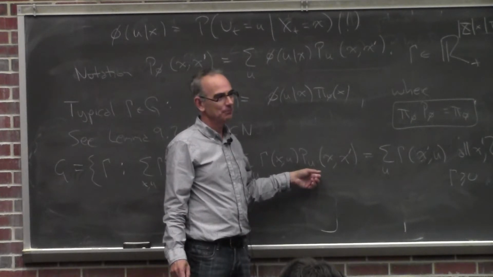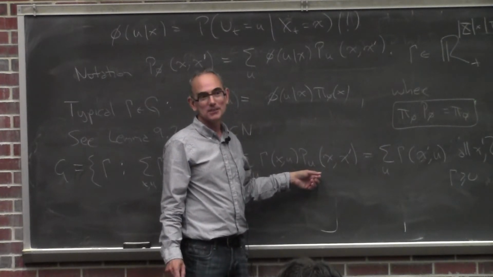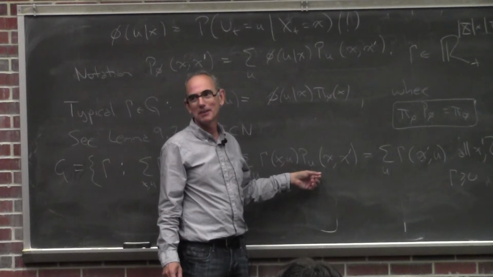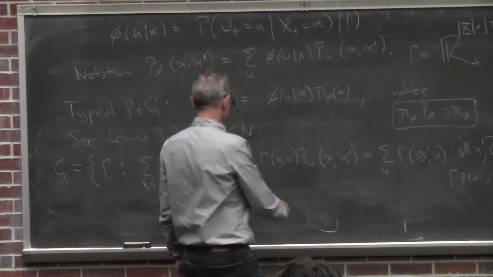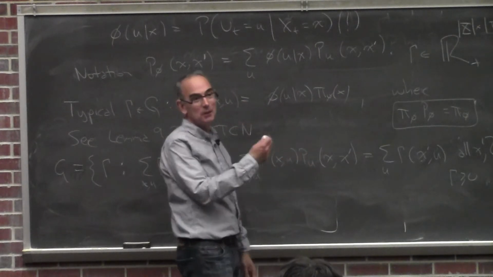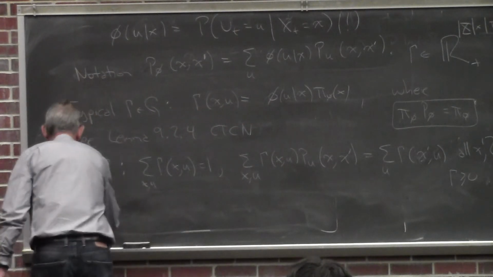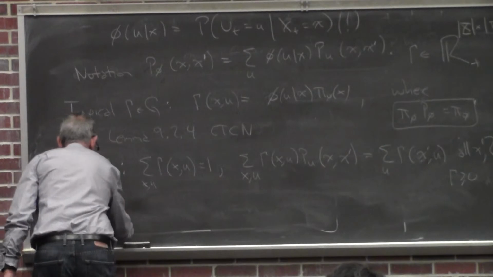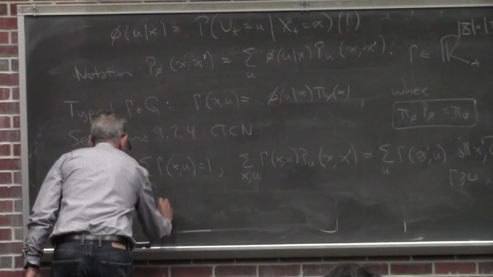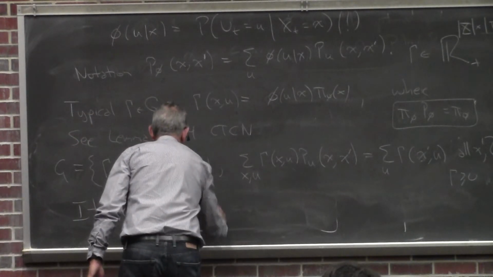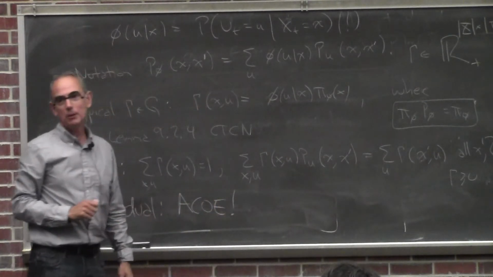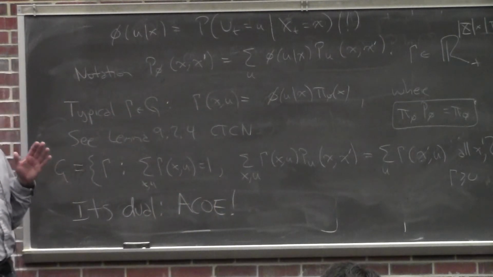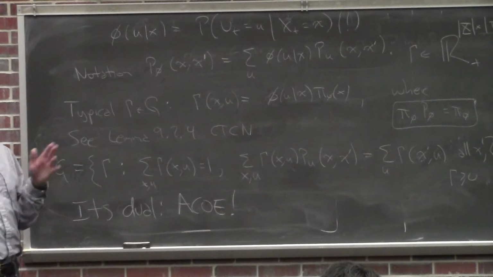It's really cool. Guess what the dual is, for those of you who have heard of linear programming. Well, it turns out the dual is the ACOE. Again, I know some of you have no idea what I'm talking about, but every convex optimization problem has a dual.